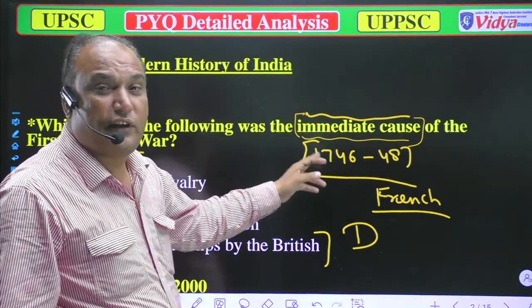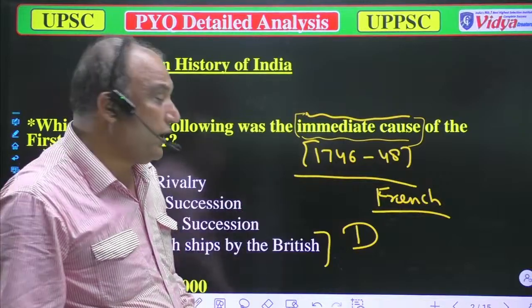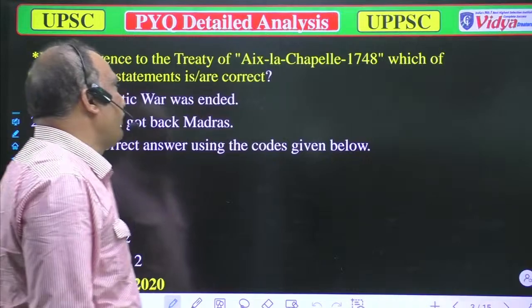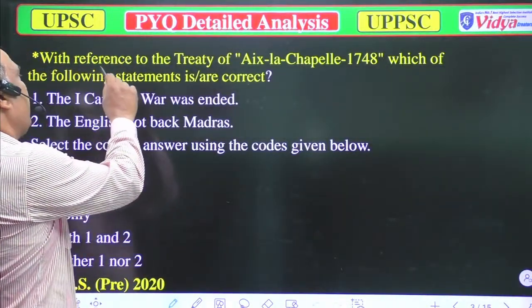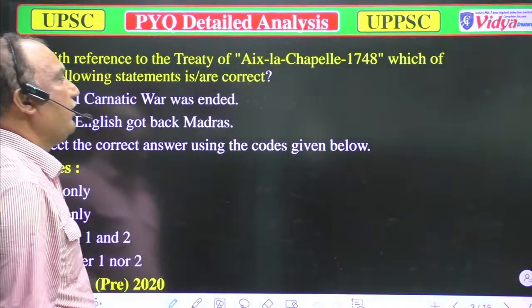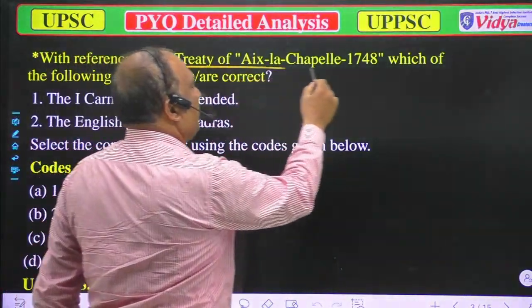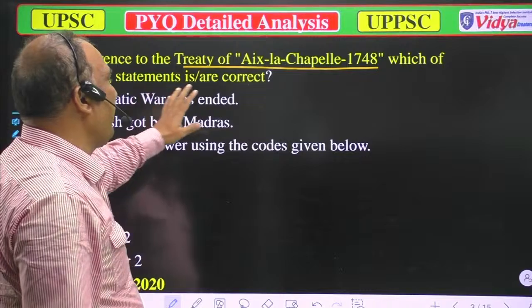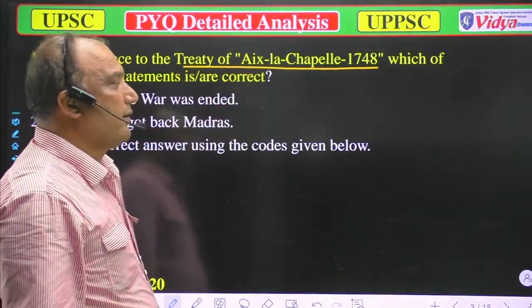In the first Karnataka war, the French got the advantage. Now, we talk with reference to the Treaty of Aix-la-Chapelle, 1748: which of the following statements is correct?